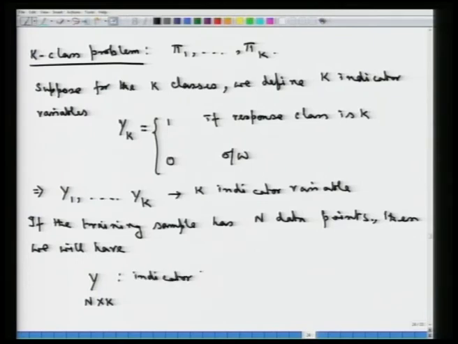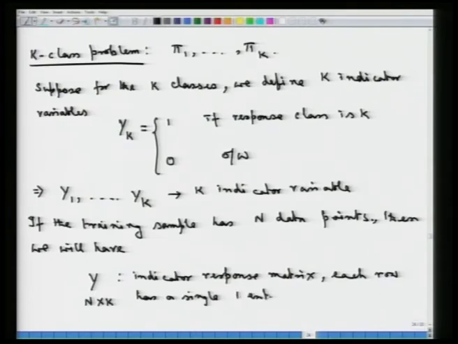So, this is the indicator response matrix. Each row has a single one entry and all other entries are zeros.